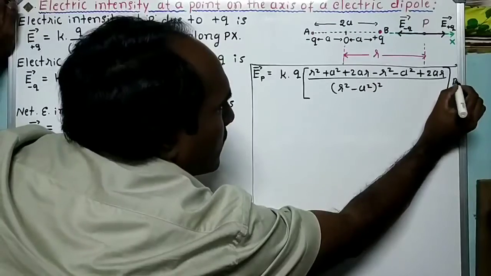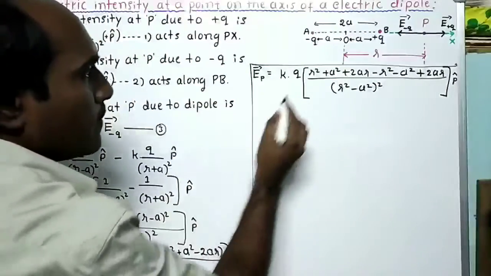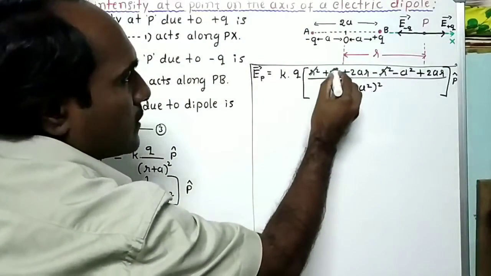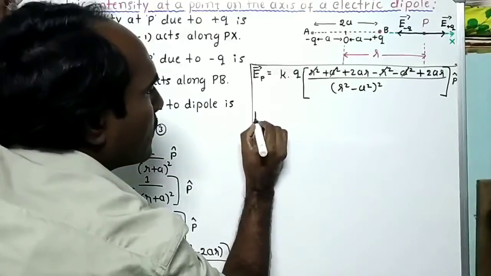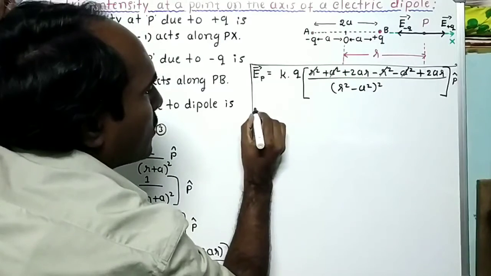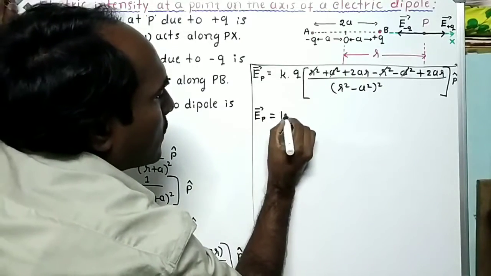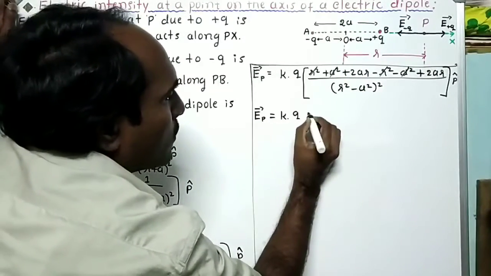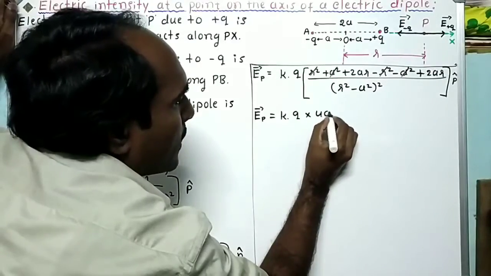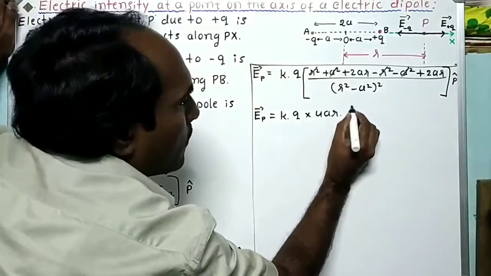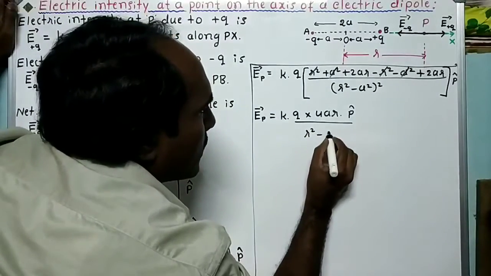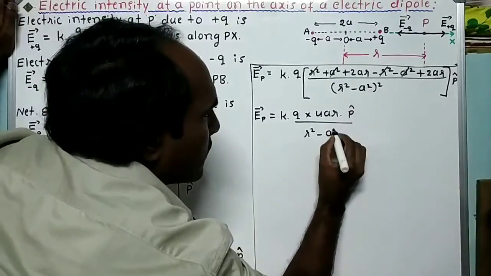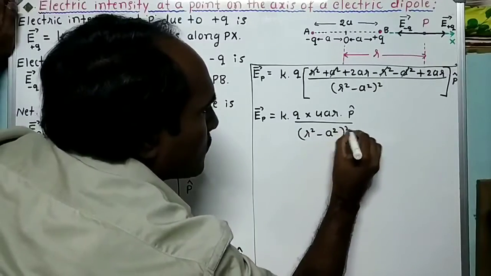Bracket complete, that is P cap. Now R square cancels, A square cancels, 2AR plus 2AR is 4AR. The electric intensity at a point P is equal to K into Q into 4AR into P cap divided by (R square minus A square) whole square.